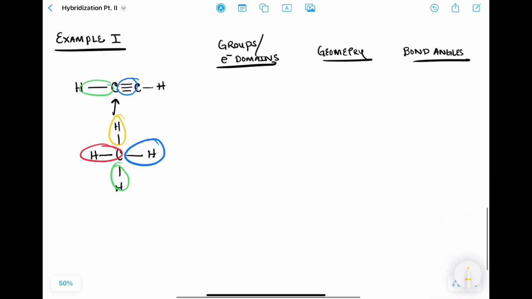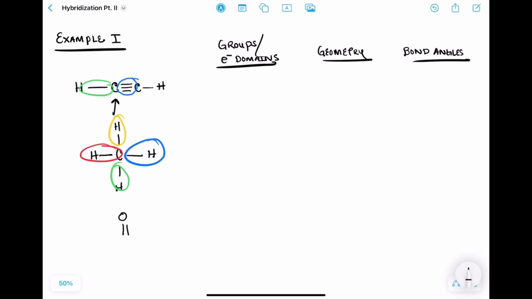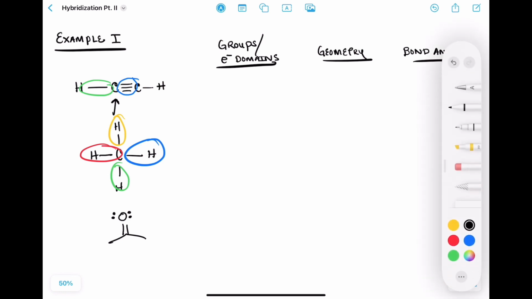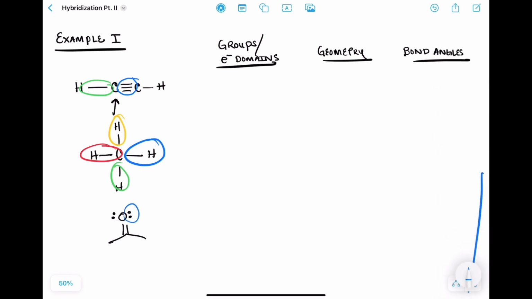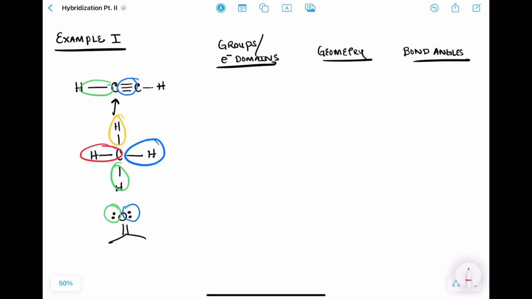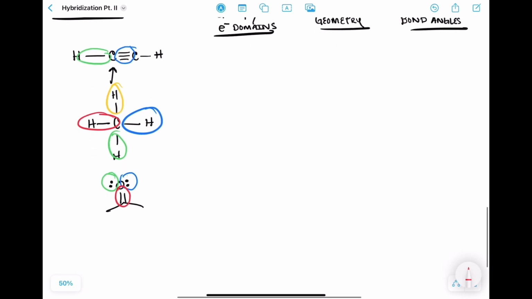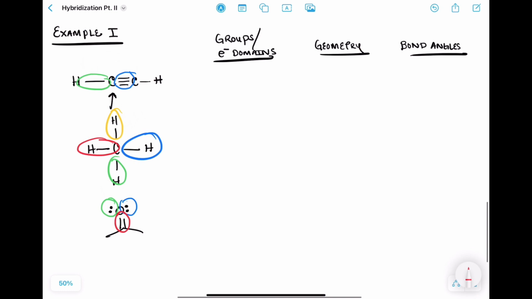And if I give you another example of an oxygen that has a double bond, these lone pairs are going to count as a domain. That will be a domain. And the double bond in its entirety is one domain. It's not bonds, but domains. So the electrons around the atom and how they're arranged.